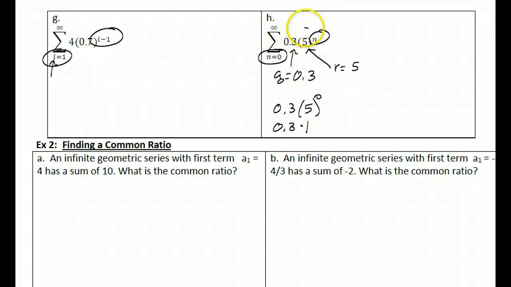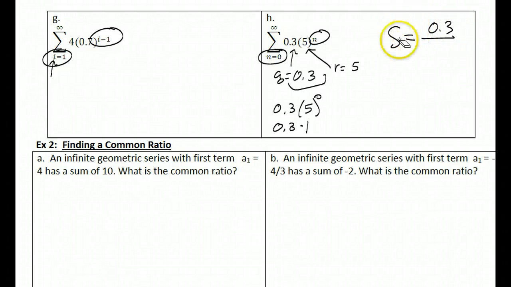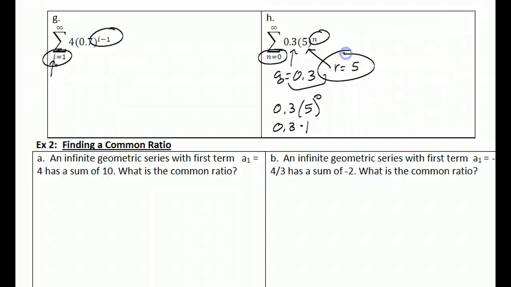If I was going to find the sum for this, I would use term 0 in my formula instead of term 1, kind of like what we were talking about yesterday. That is not going to come up too often. And actually, I don't even have to find the sum because R is greater than 1 this time. So my answer for H is no sum anyways.